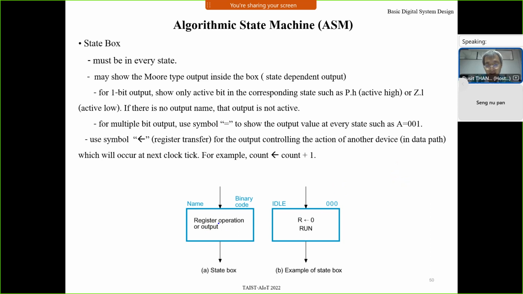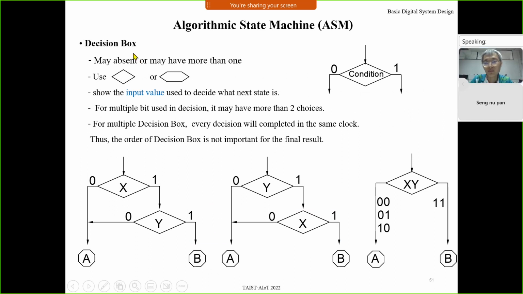And inside this one is the register operation, or output, the output that becomes active. For the decision box, you can write it this way or this way, with some condition.